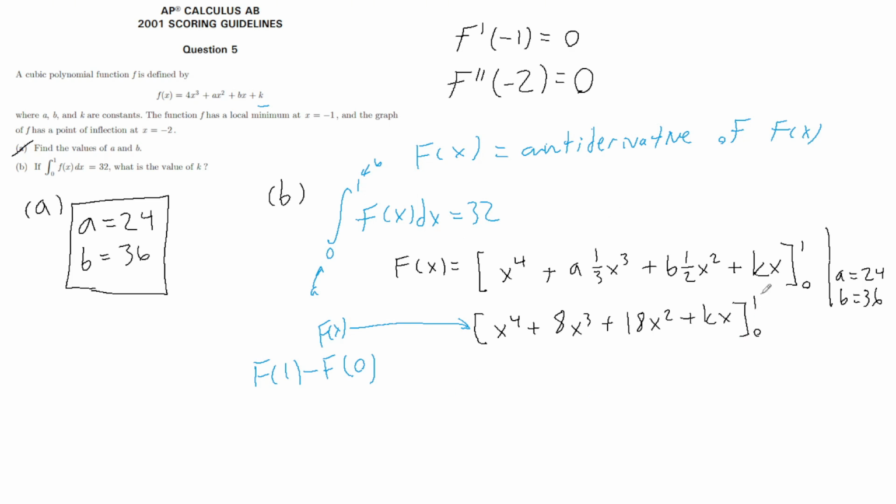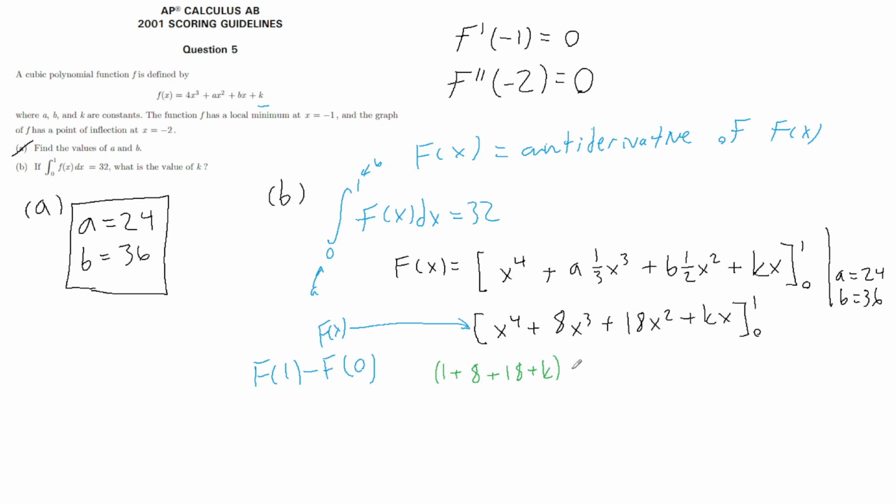If we plug in 1, we're going to have 1 to the power of 4, which is just 1, plus 8 times 1 to the power of 3, which is just 8, plus 18 times 1 squared, which is just 18, plus k times 1, which is k.